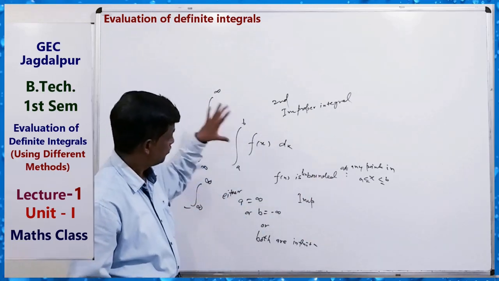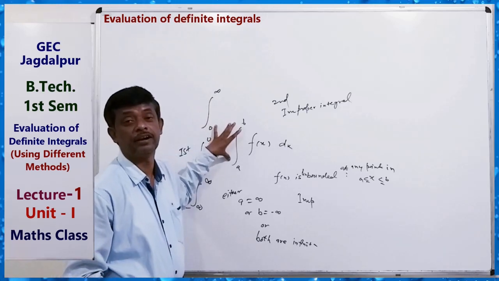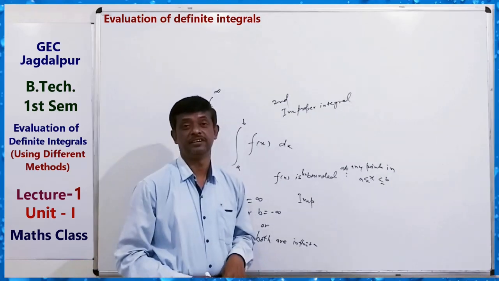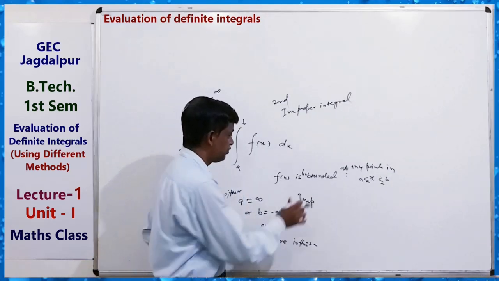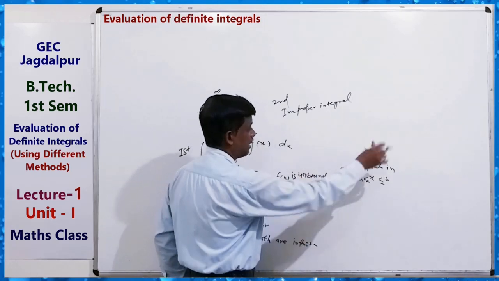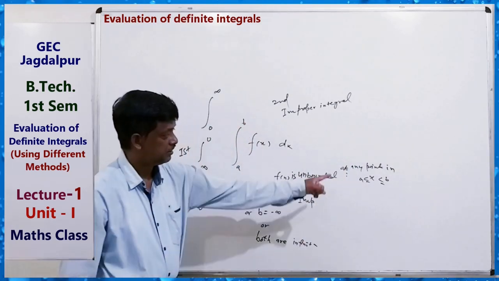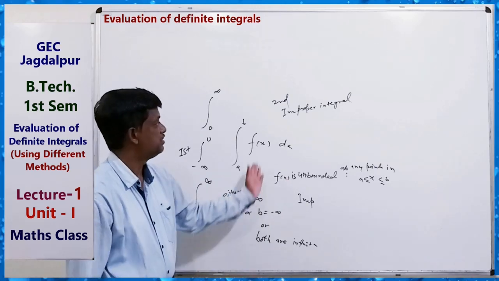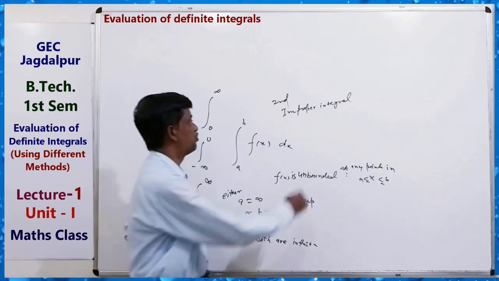And if the limits are finite but the function is unbounded at any point in this interval, then this is the second kind of improper integral.